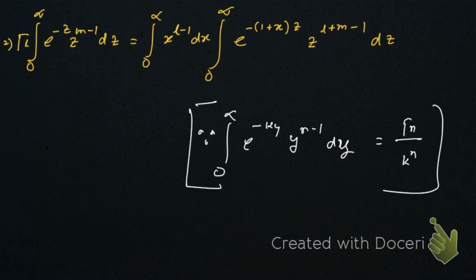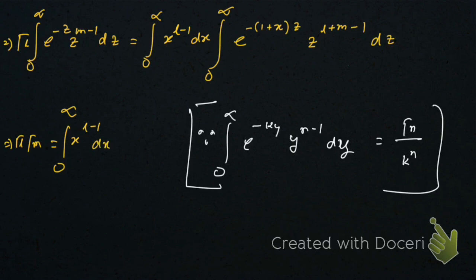Now here you see, from the definition of gamma function, this is going to be equal to, we can write gamma l, gamma m, right? By the definition of gamma function, gamma m is equal to integral 0 to infinity x to the power l minus 1 dx.